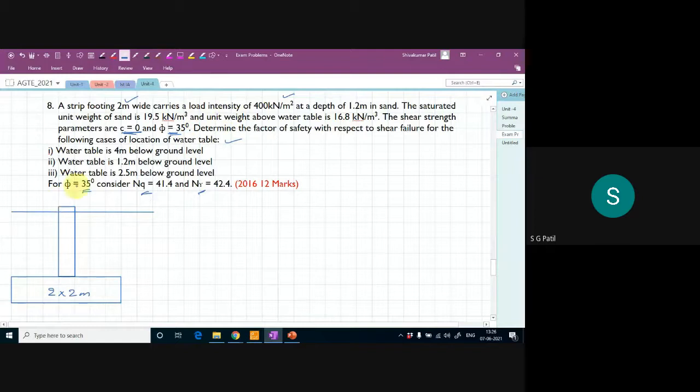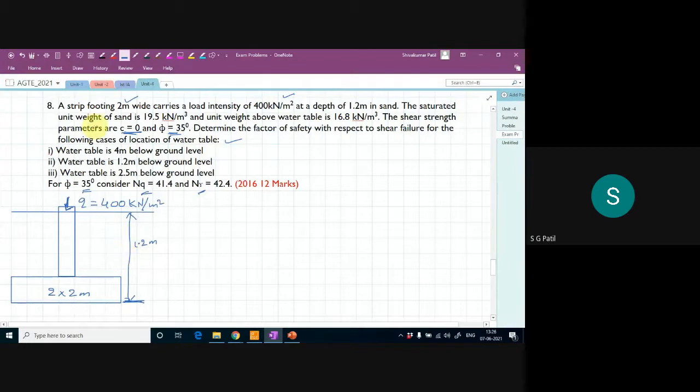They gave small q, how much? 400 kilonewton per meter square at a depth of 1.2 meter from the ground level. So the depth of foundation is 1.2 meter.